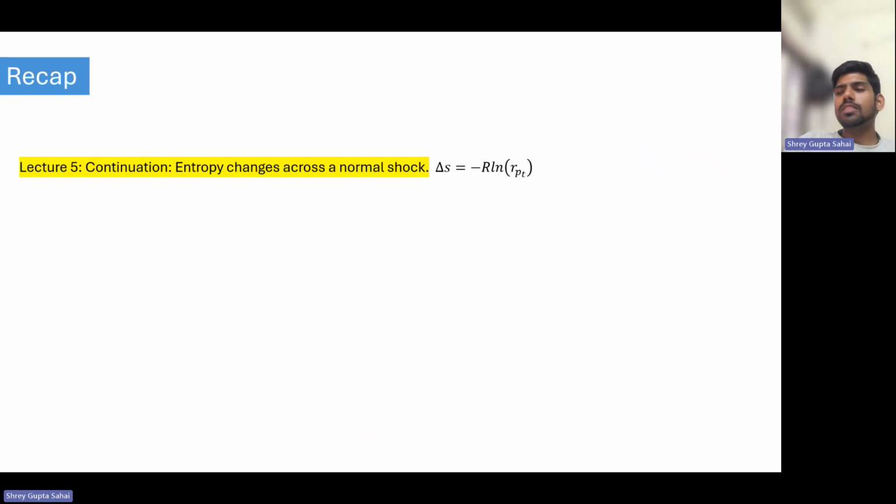Then we know that if this is less than 1, then there is some entropy generation. But now we know that there has not been any mass transfer or heat transfer, which could cause any entropy change, which implies that there is only entropy generation that is going to happen. So this is something that we looked at in the last lecture.